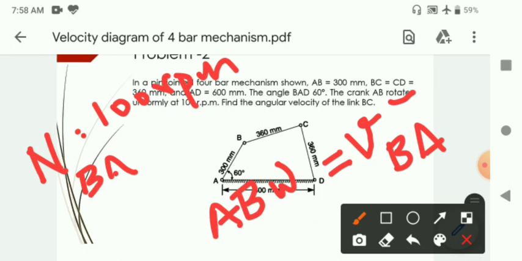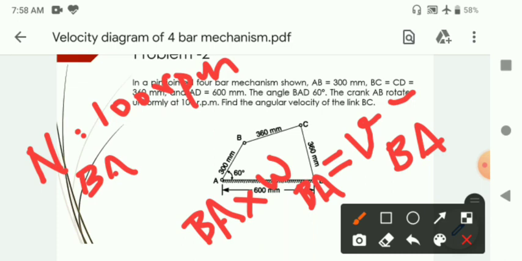Here, to avoid confusion, I am going to indicate it as velocity of B relative to A, v_BA, is nothing but r into omega_BA. BA is the length of the link AB and omega_BA is the angular velocity of link BA.